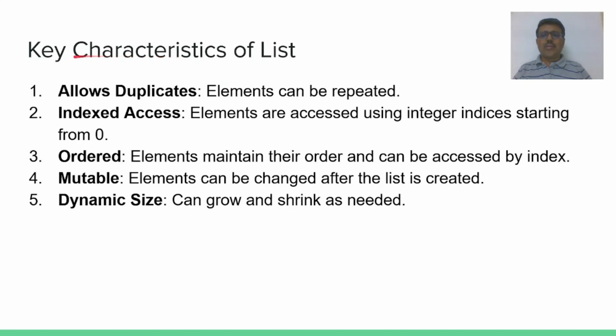Unless you know the key characteristics, it will be very difficult. Please go through these 5 points again and again till you are comfortable and convinced, because most of the time in interviews, people find it difficult to answer these questions. So understand in a logical way, and you'll be able to remember it.